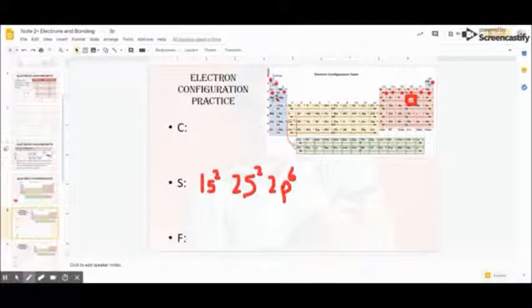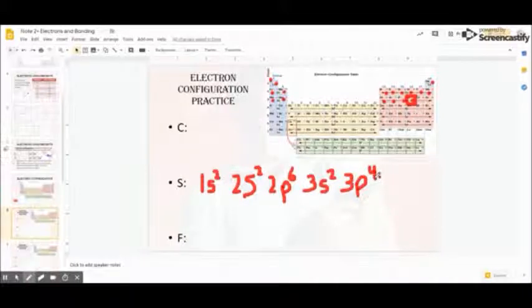So we go down to the next row. This one's called 3s, and there are 2 boxes, so 3s2. Then we go across. This one's called 3p, and we count how many boxes till we get to sulfur. We stop at sulfur. There's 1, 2, 3, 4, and we're at sulfur.